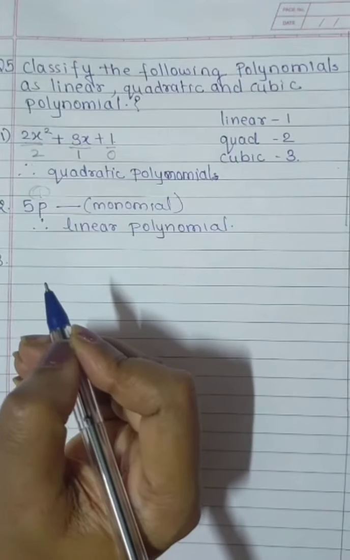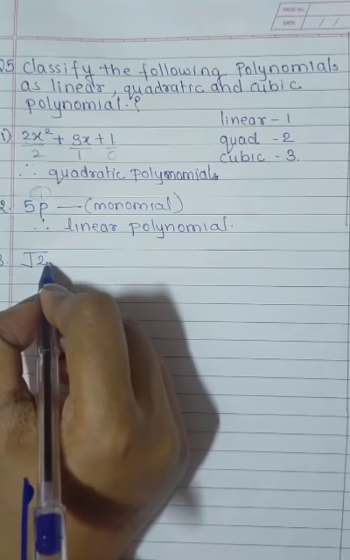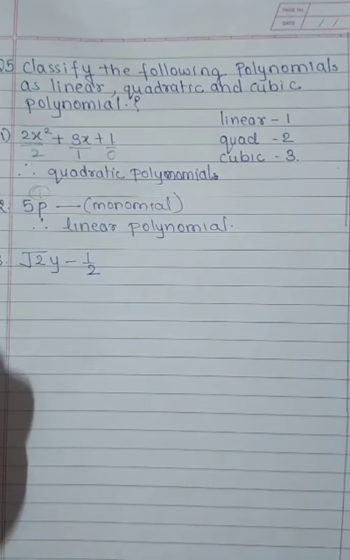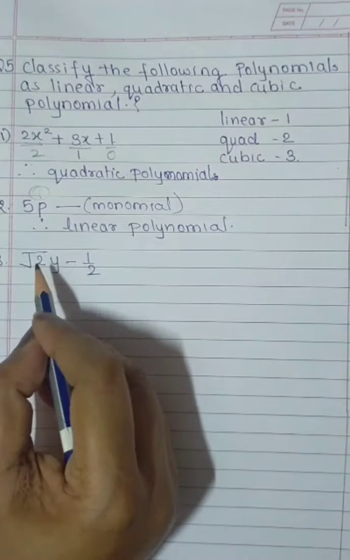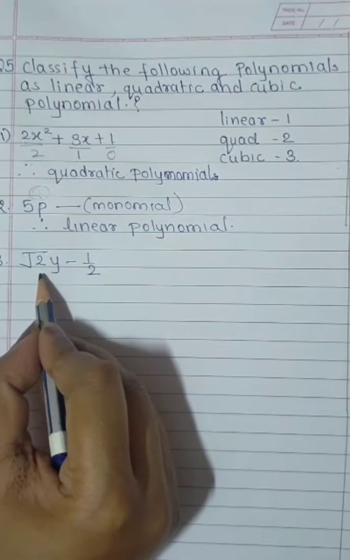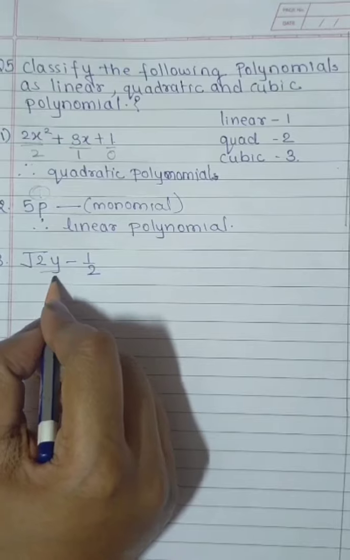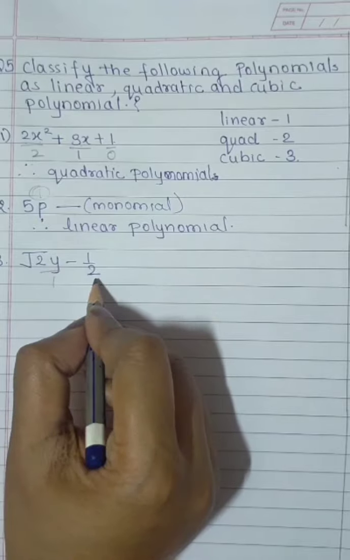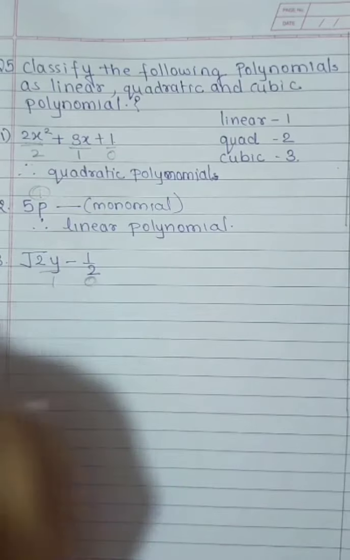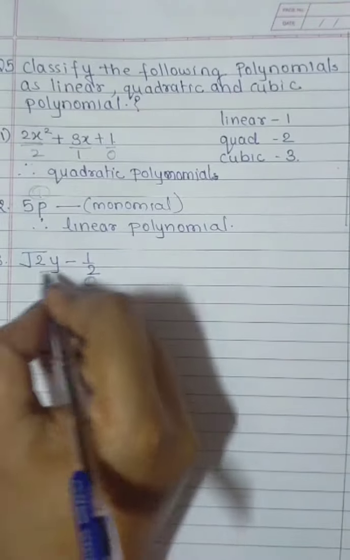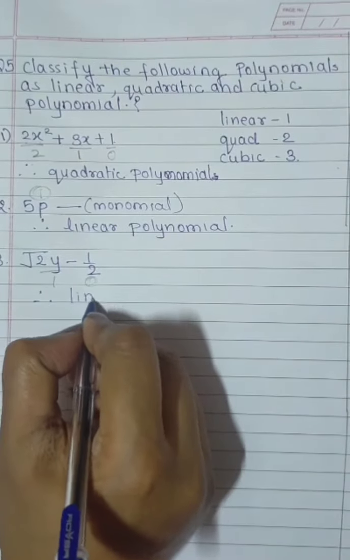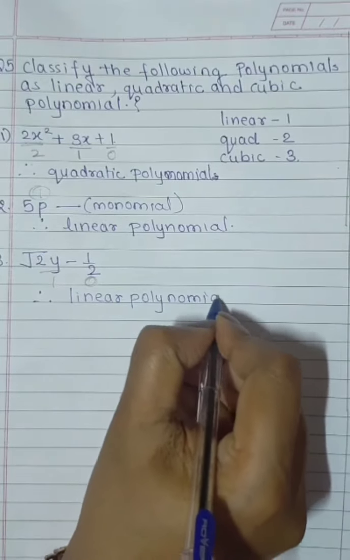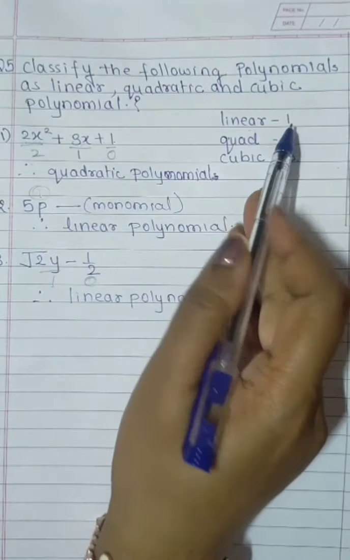Third is given square root 2y minus 1 upon 2. Here also, if we remove the radical sign, the variable 2y will be considered without a degree, so it is 1. Here half is just a coefficient, so we take it as 0. Therefore it is a linear polynomial with 1 degree.